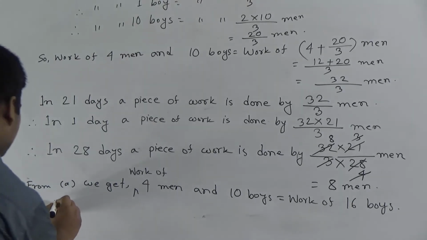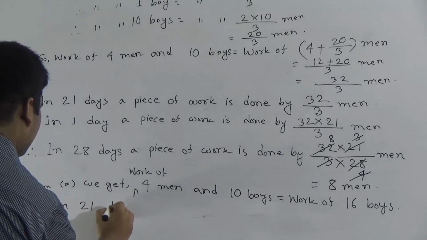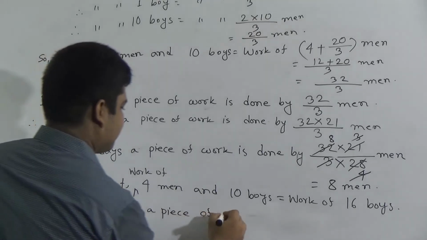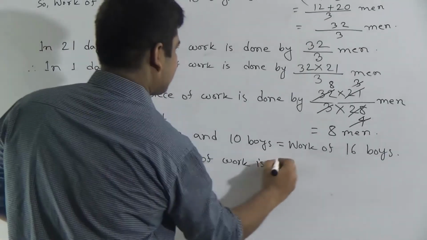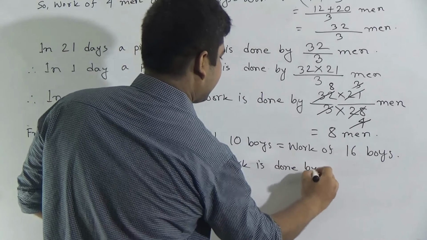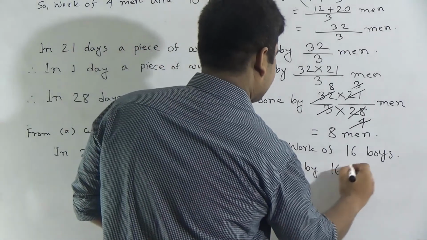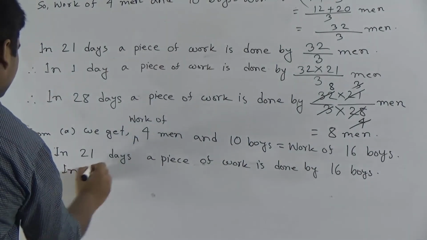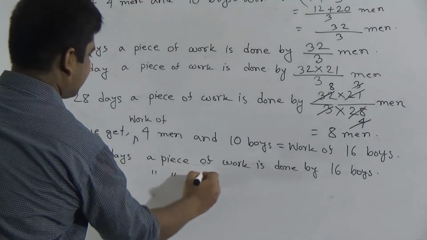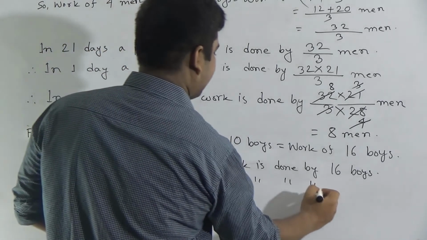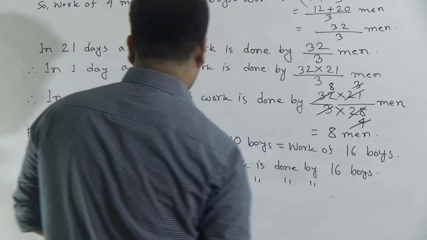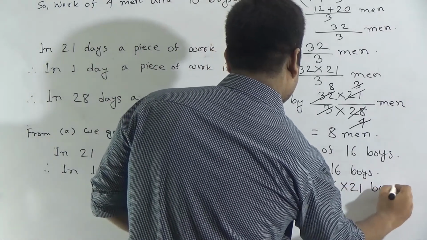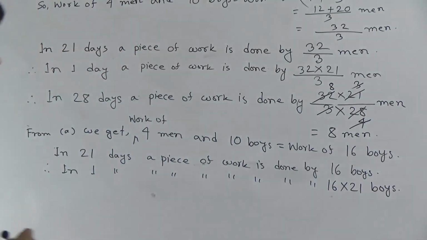Now write in 21 days a piece of work is done by 16 boys. Then in one day a piece of work is done by 16 multiplied by 21 boys. That means it needs more boys.